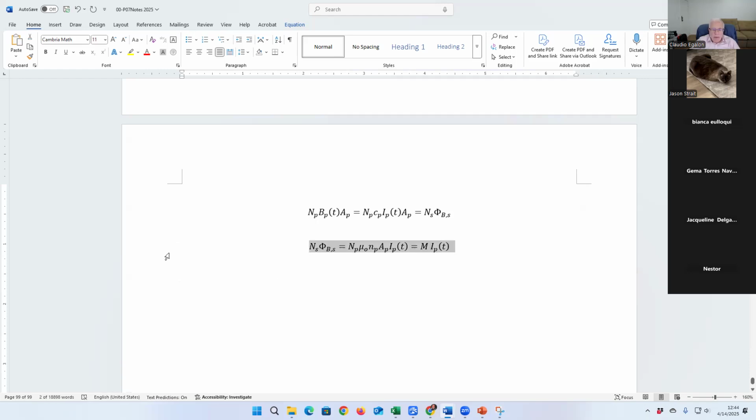And this mutual inductance can also be written in terms of the flux. Don't forget that this flux is a function of time as well, right?